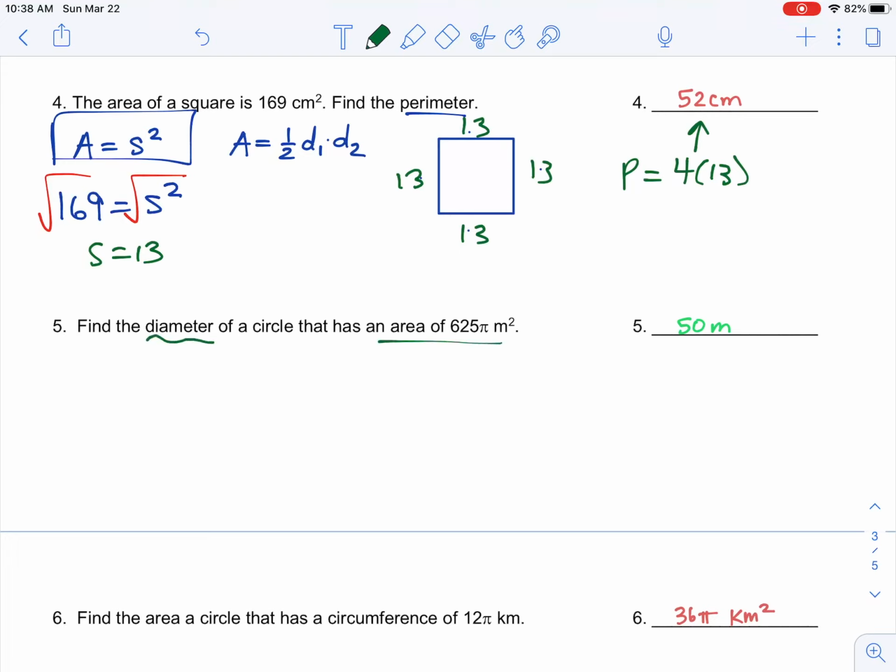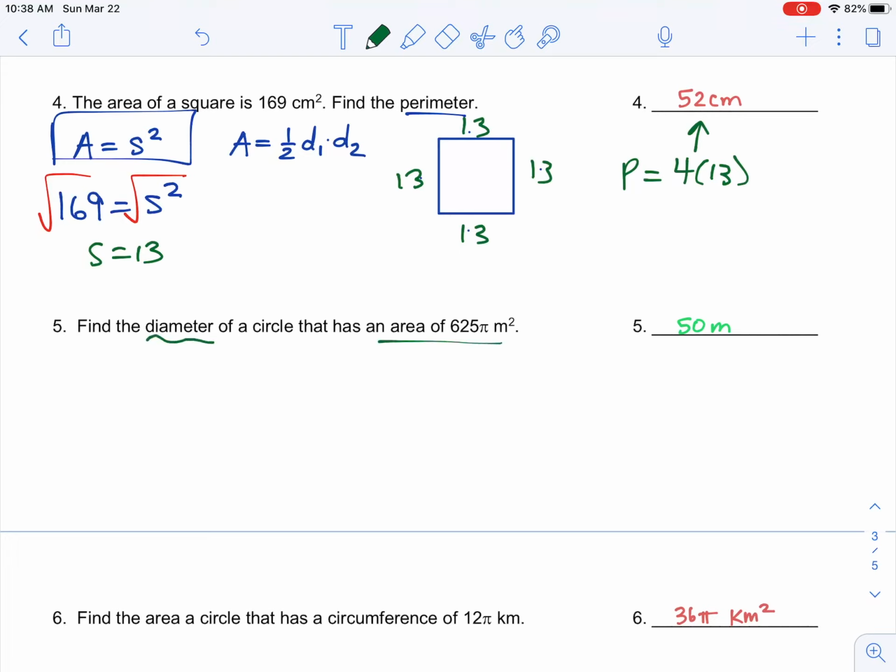I'm going to solve that by taking the square root, telling me that r is 25. But they didn't ask me for the radius, they asked me for the diameter. So if I think of my circle and I think about a diameter, isn't that really 2 of the radius? So 25 times 2 gives me 50 meters. Again, it's just a length, so I wouldn't put square units here.